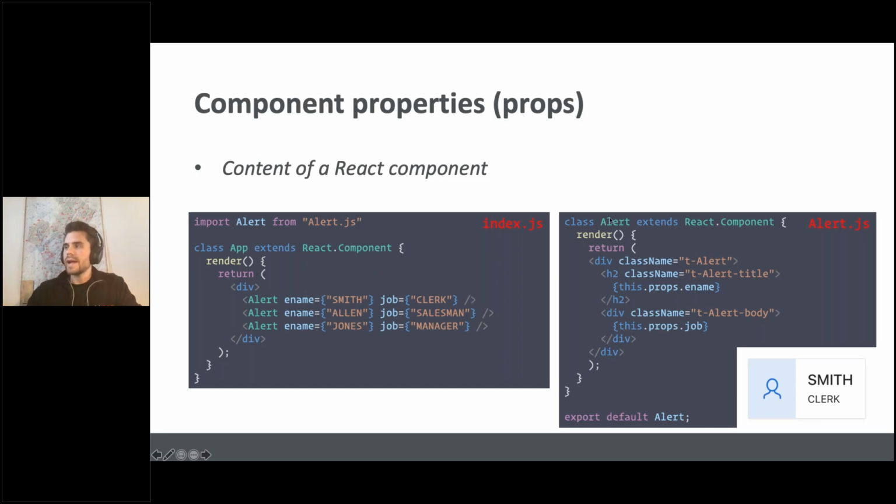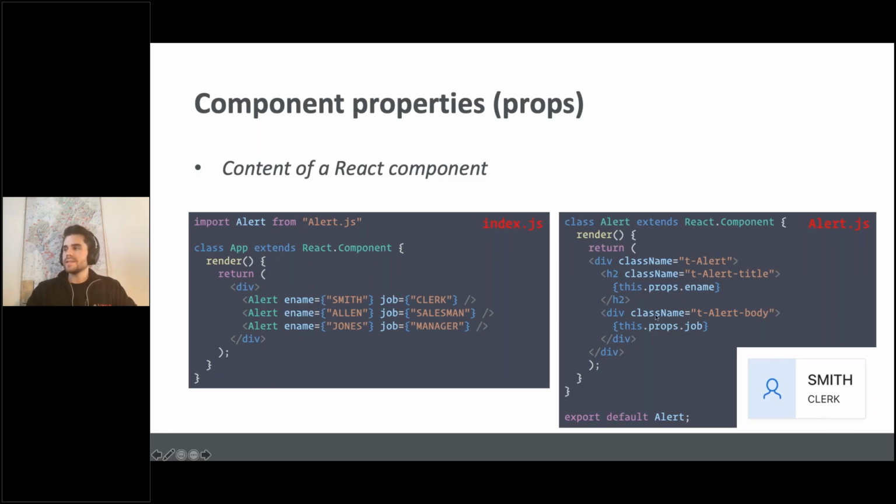This React component on the right is the alert component, and it also has a render function which returns HTML code for the alert component to look like this. So it has a div, a title, and a body. This whole thing will eventually make the UI for the component on the bottom right.